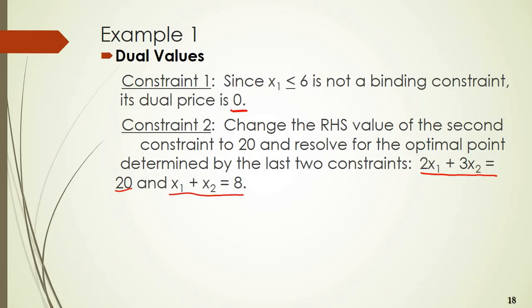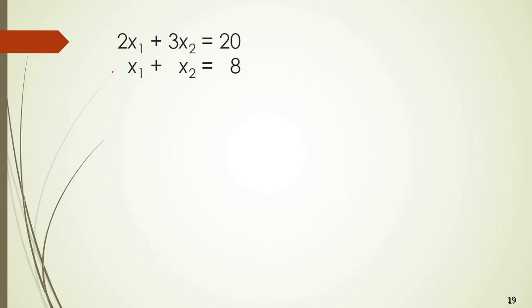If you can recall our previous discussions under linear programming, we need to get the values of x sub 1 and x sub 2 to get the optimal solution. Given our two constraints, we're going to cancel one variable first in order to compute the other variable. For this example, I'm going to multiply the second equation by -2 in order for us to cancel 2x sub 1.